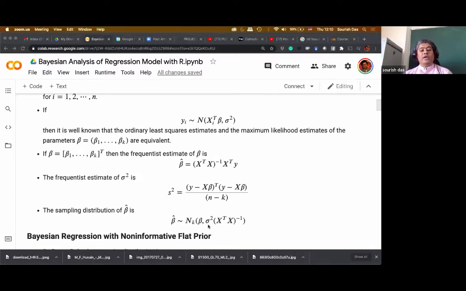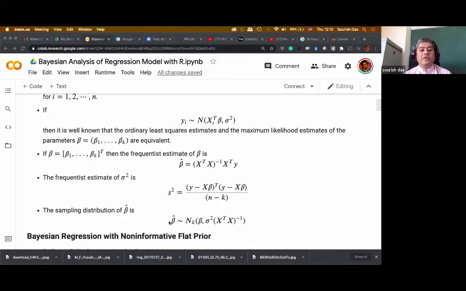That is extremely important in the sense that if you want to do any kind of statistical inference in the frequentist method, you need to have some margin of error, and that margin of error we estimate through the sampling distribution of the estimator.